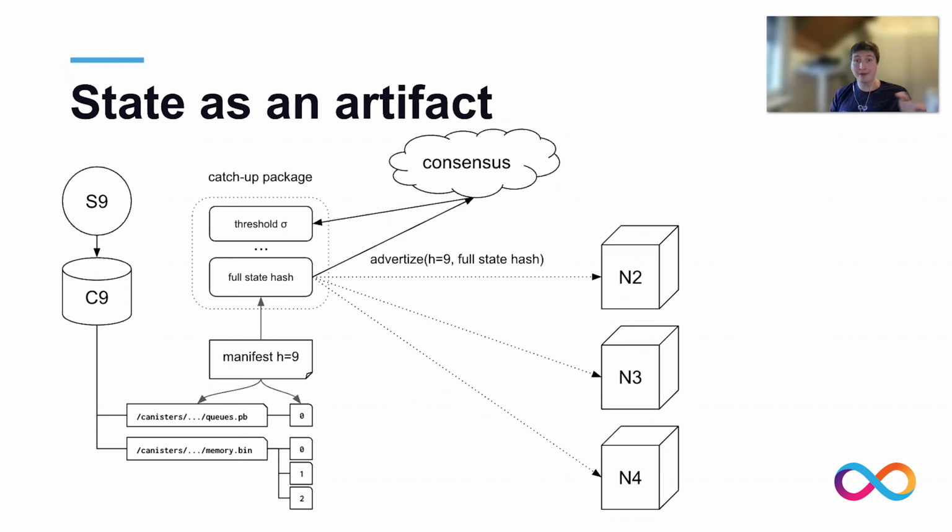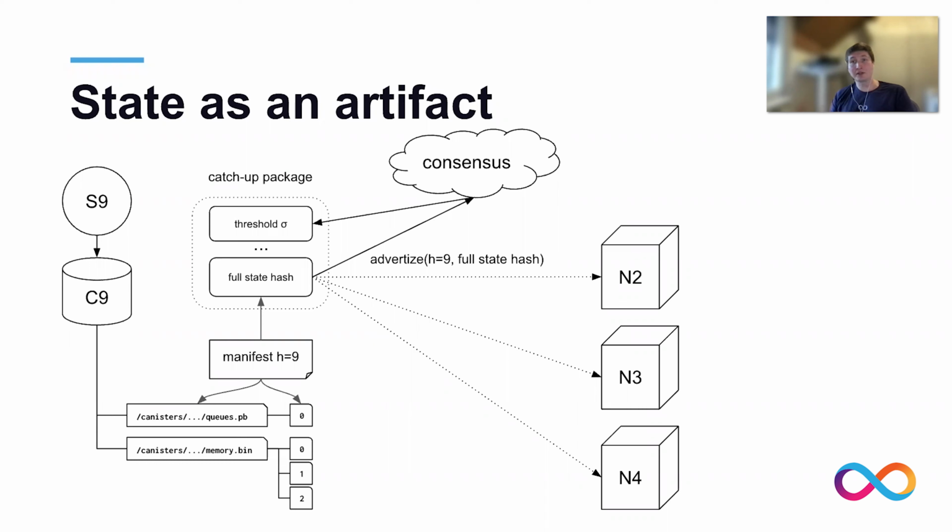So one way for catching up would be just to get all the blocks from the very first one and replay all of them from the beginning. Because the protocol is deterministic, right? You should get exactly the same state. Unfortunately, this may take quite a lot of time.